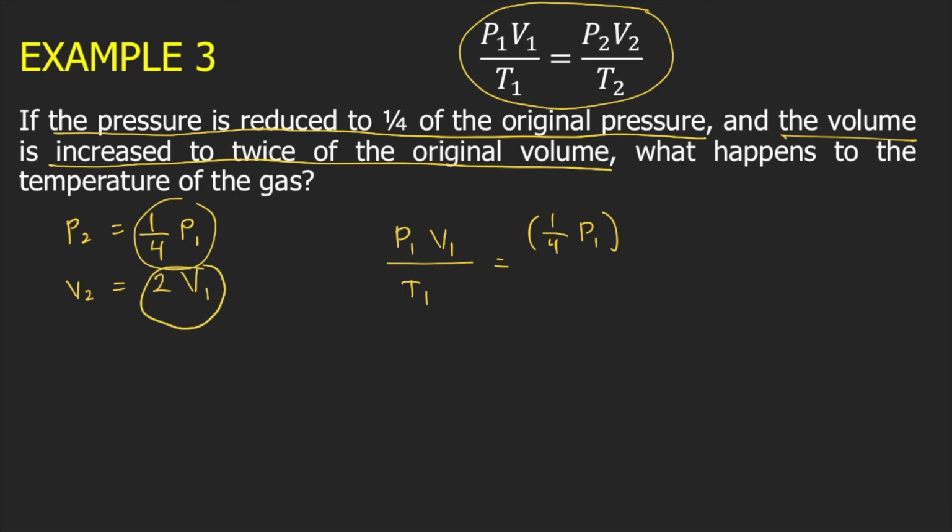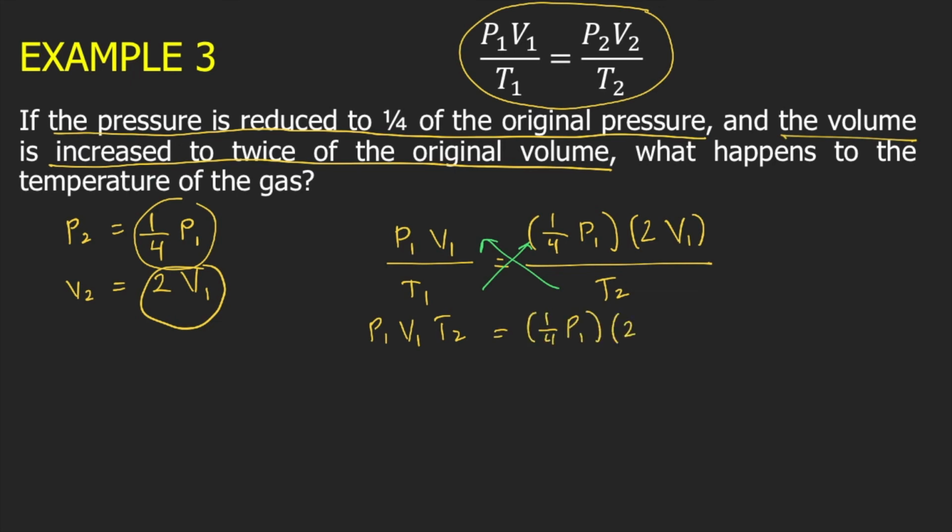So instead of putting V2, you put 2V1 divided by T2. And then you can do cross multiplication again. So if you cross multiply, you will get P1 V1 T2 equal to 1/4 P1 2V1 times T1.